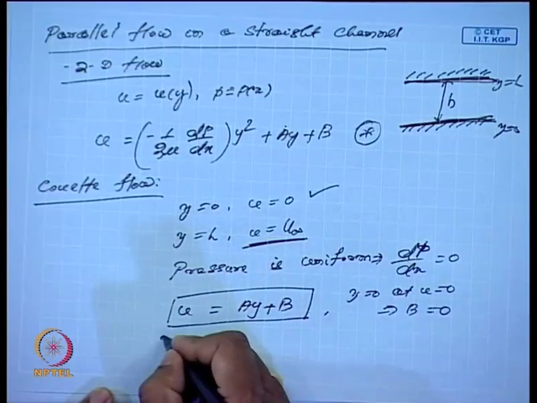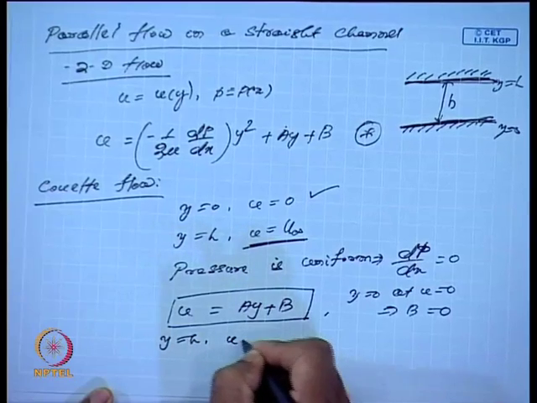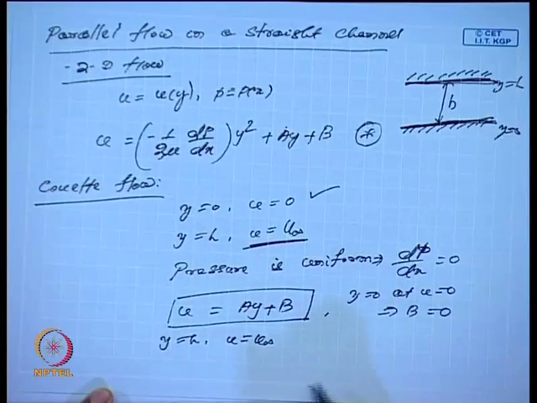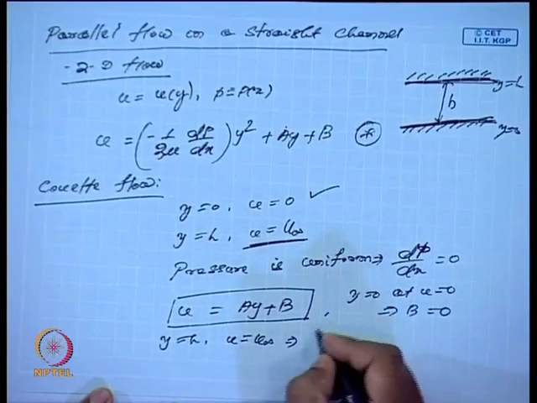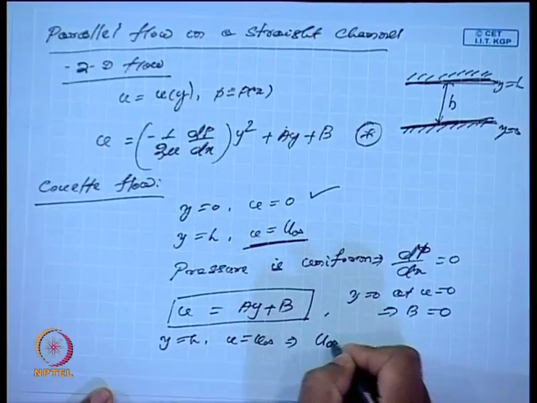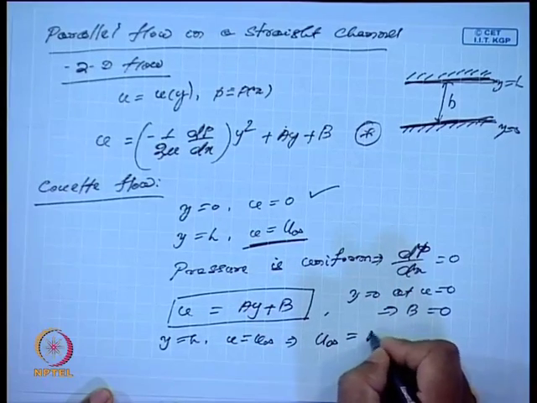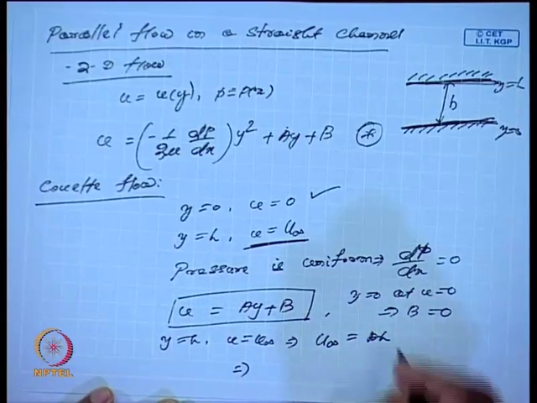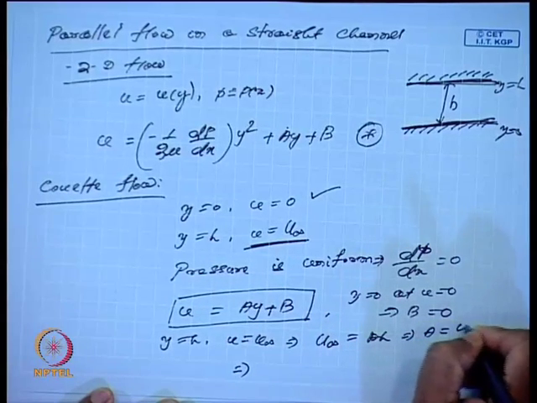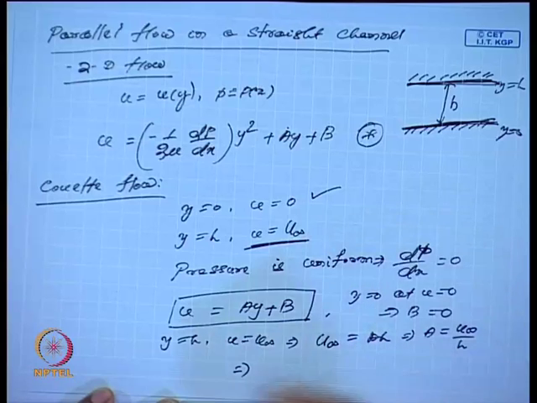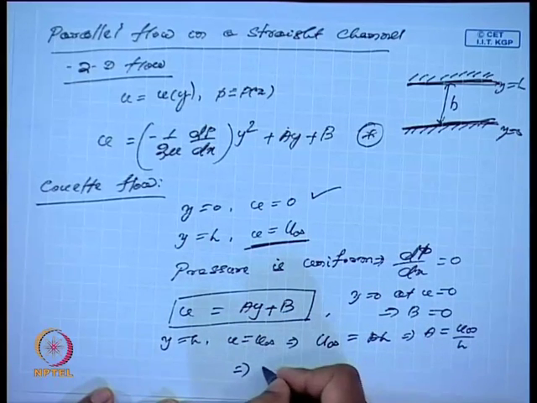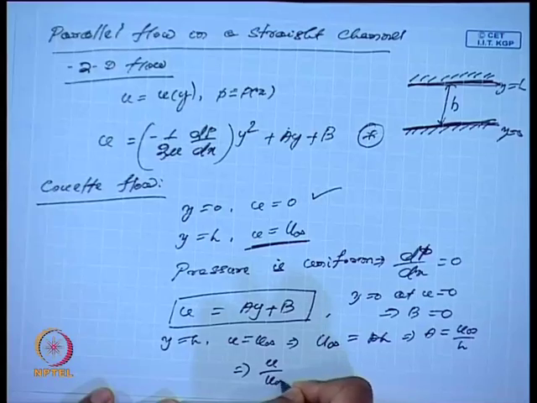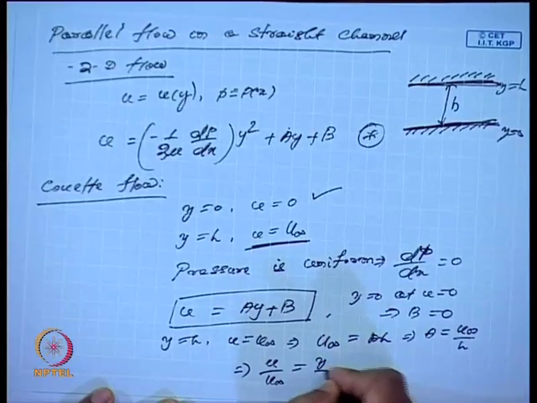Then for the other condition, y equal to h, u equal to u infinity, because b is already 0, that gives u infinity equal to a h, which implies a is u infinity by h. Thus, putting b equal to 0 and a equal to u infinity by h, that gives me u by u infinity equal to y by h.